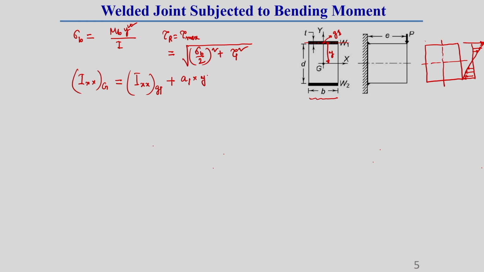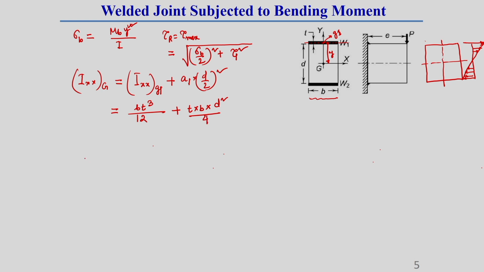This distance we can directly consider as d by 2 whole square. The moment of inertia about its own axis is very familiar: b t cube by 12, plus the area of weld 1, t into b, into d square by 4.